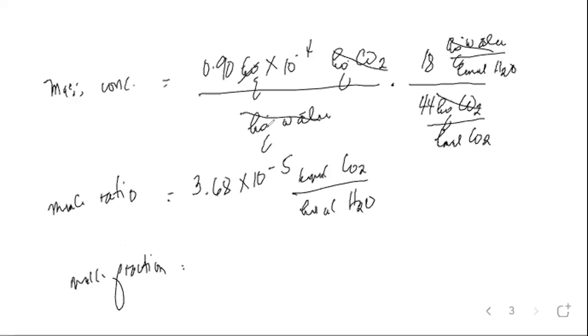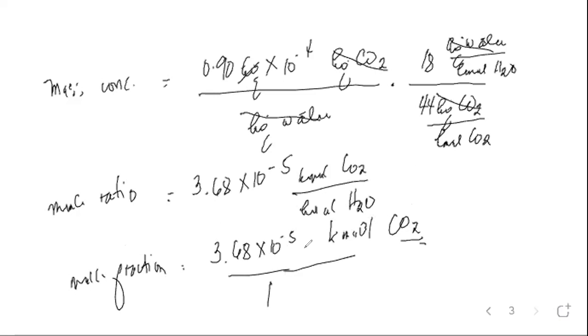So if this is converted to mole fraction, you will simply have 3.68 times 10 raised to negative 5 kilomole CO2 divided by 1 for the kilomole of water plus 3.68 times 10 raised to negative 5 for that of CO2. So this would be now kilomole CO2 plus water.